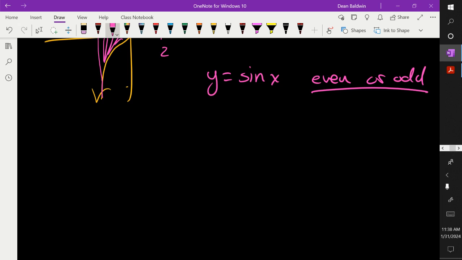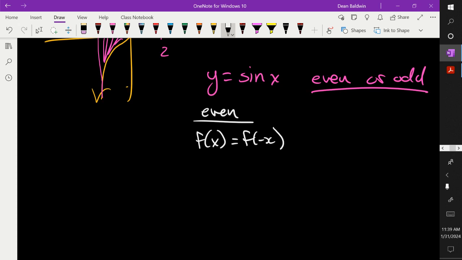Okay, we'll do it algebraically. Okay, let's do even first. We'll test even. If it's even, that means this. That's the definition of an even function. Everybody agree with that? Okay.